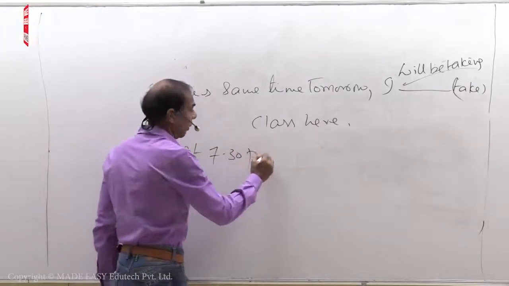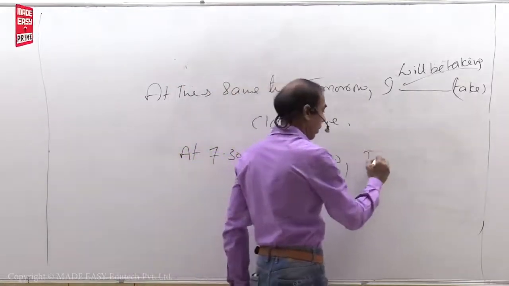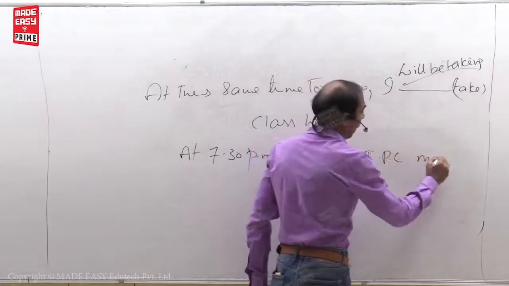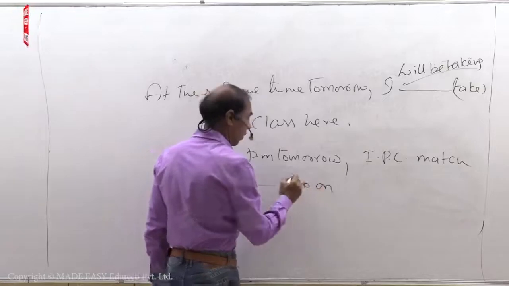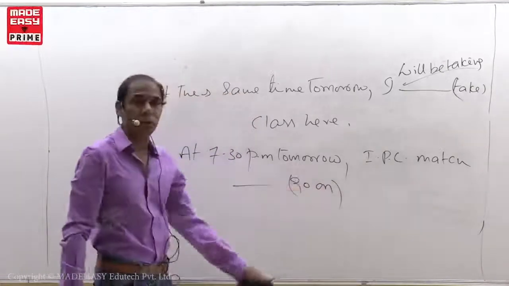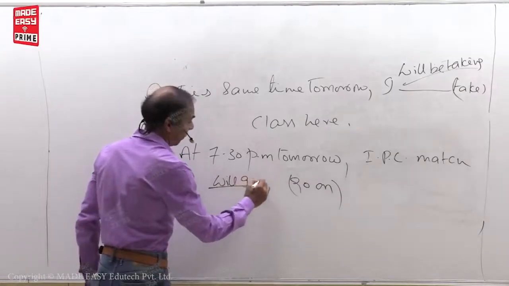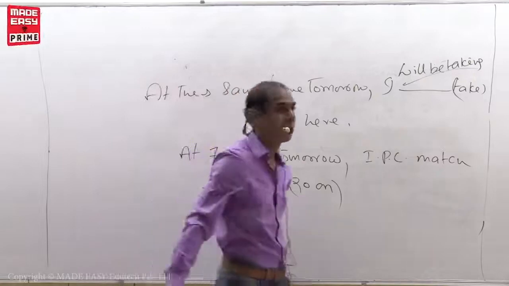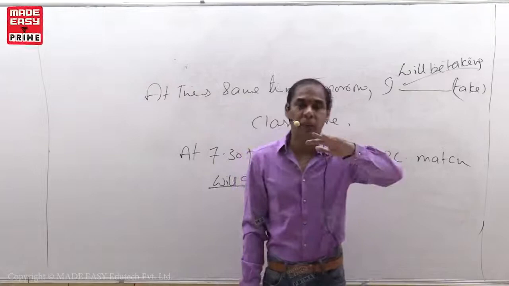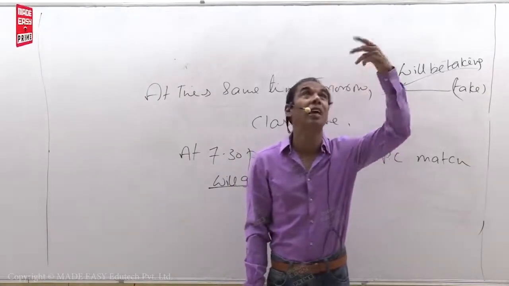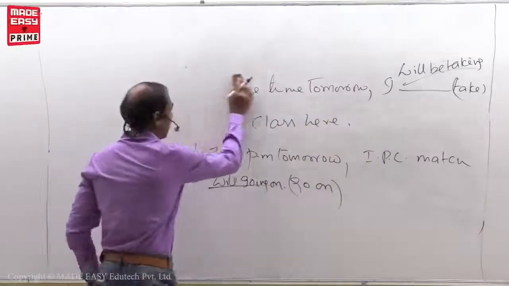At 7:30 p.m. tomorrow, IPL match dash go on. At 7:30 p.m. tomorrow, IPL match will be going on. So what is future continuous tense, my students? Expresses actions going on at certain point of time in future. Very easy.